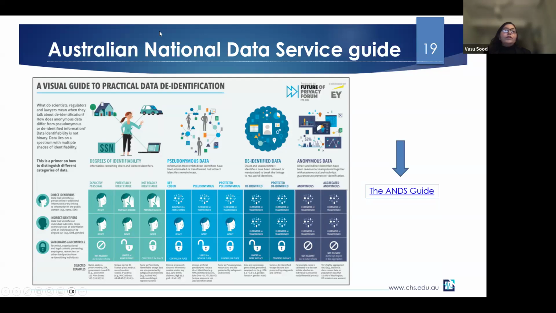For example, removing name and address from a health data set, but retaining information like age, gender, location, and postcode, which could potentially be used to re-identify an individual when combined with other data sources.